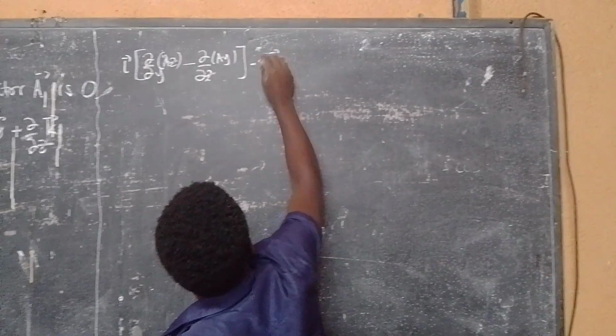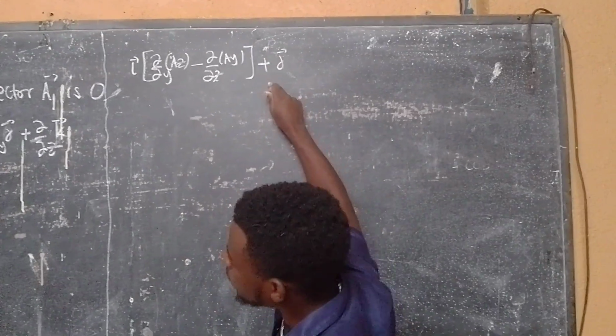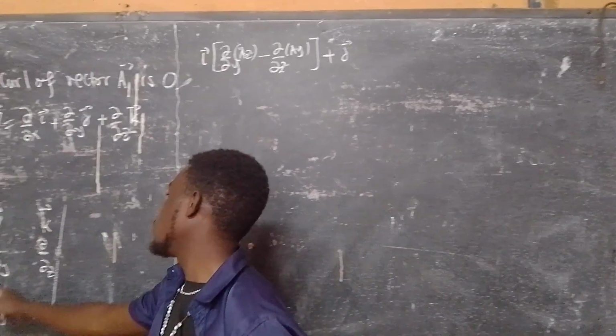and as j, I mean plus, and because we put it plus, we are going to start with this one instead of that one.